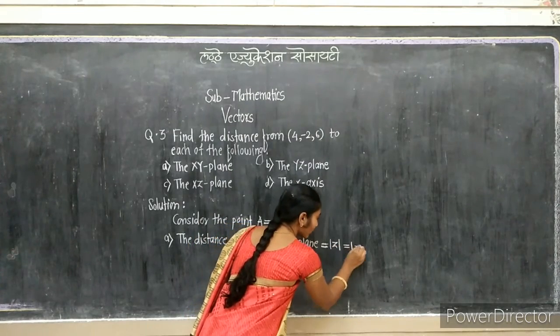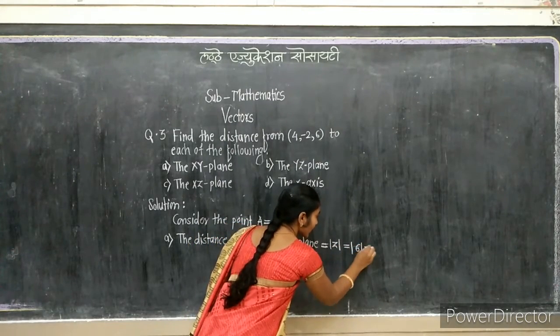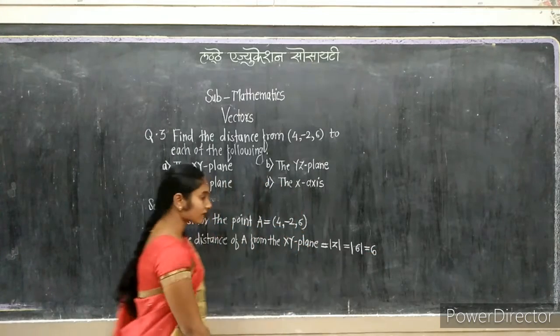Mod Z is equal to mod 6, which is equal to 6.